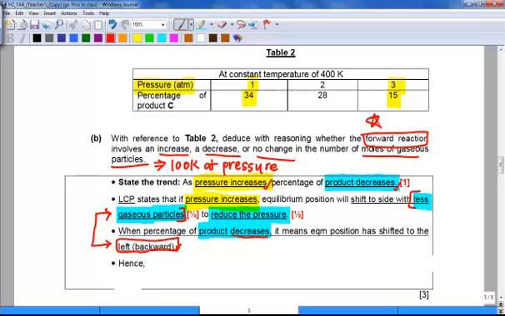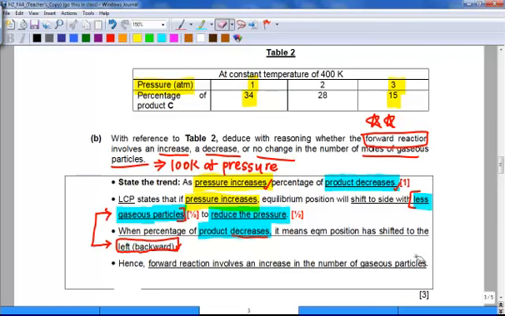That's why the forward reaction will have more. So that's why the forward reaction will have an increase in the number of gaseous particles. In all your explanation, please ensure you use the term gaseous. Gaseous particles. Similarly for on top, gaseous particles. So with this we can move on to the next question.